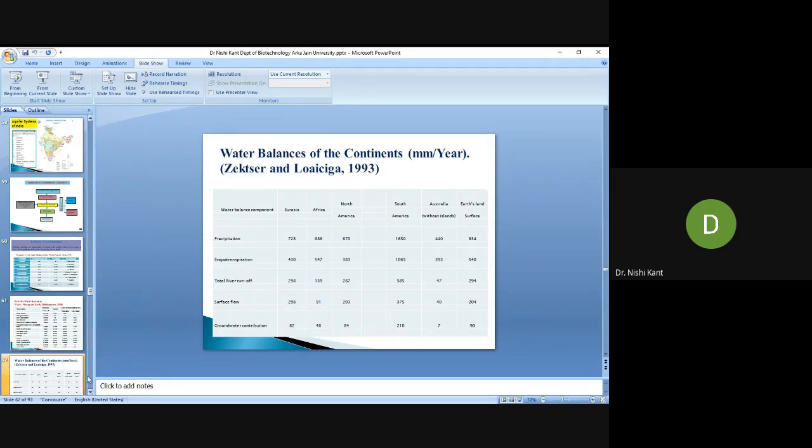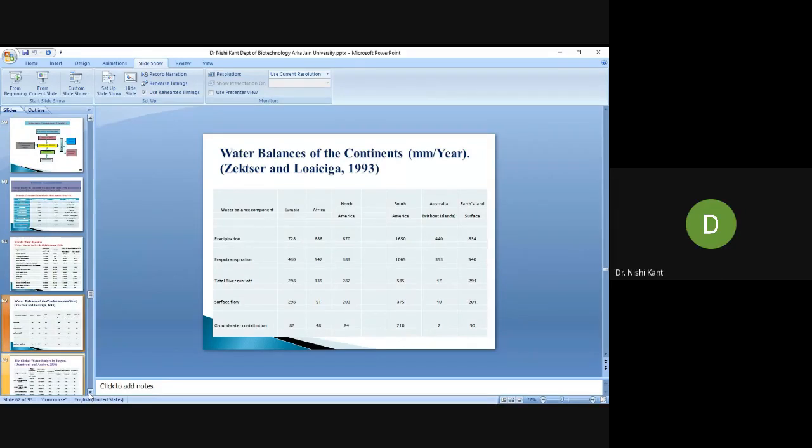Asia, which supports more than half of the world population, has only 36% of the global water resources, whereas North America and Australia, which have only 8% and less than 1% of the world population respectively, have 15% of the global water resources.